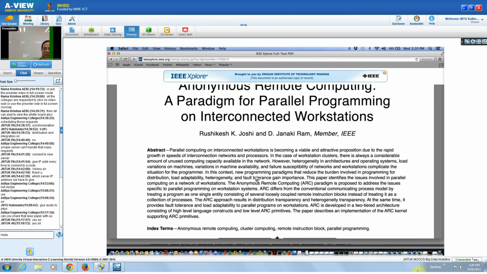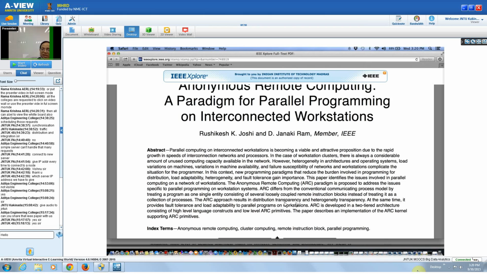In this context, new programming paradigms that reduce the burden involved in programming for distribution, load adaptability, heterogeneity, and fault tolerance gain importance. This paper identifies the issues involved in parallel computing on a network of workstations, and provides this paradigm called the anonymous remote computing paradigm to address the issues specific to parallel programming on workstation systems.